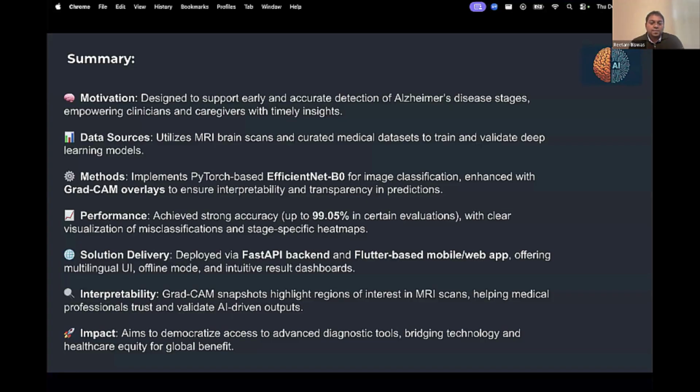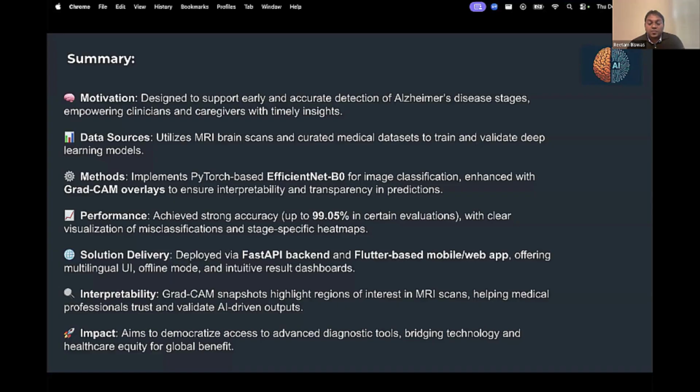Also, the backend I used is Fast API, and the mobile app is a Flutter-based mobile app, which can offer a multilingual UI, or it could work in offline mode, as I said, and it can also be built out for a result dashboard, extensible in any way.